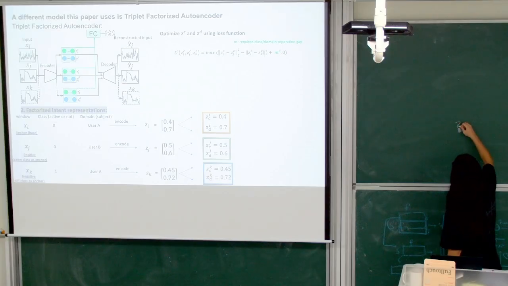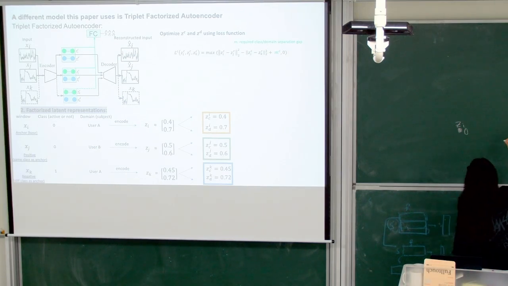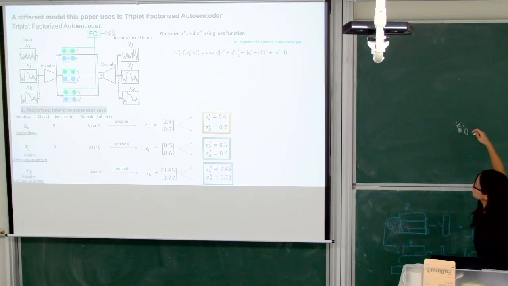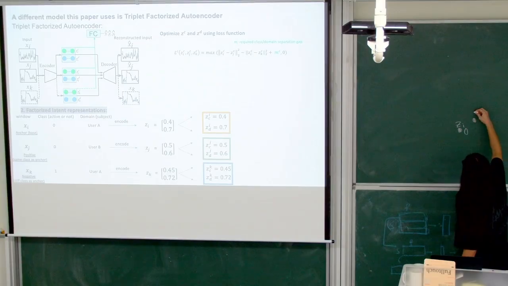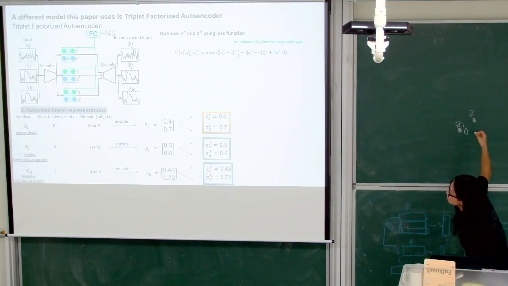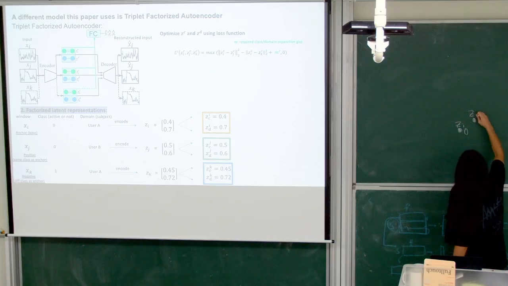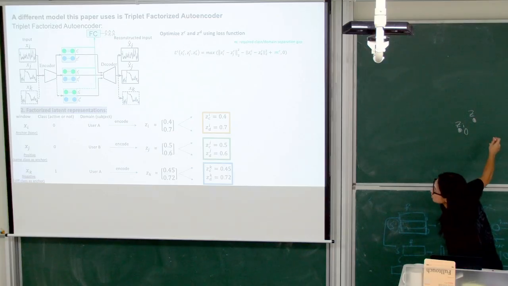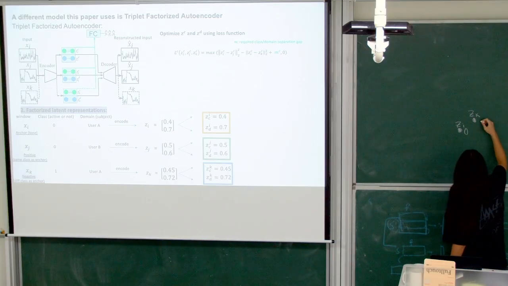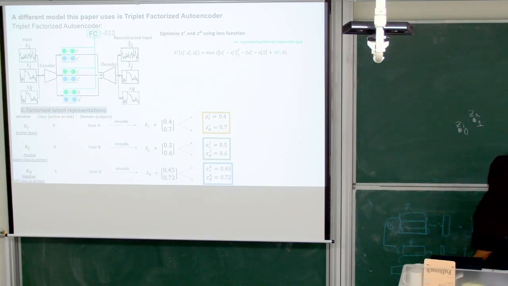So let's say this is our anchor, class 0, and then let's say we have J and K, and this is 1.